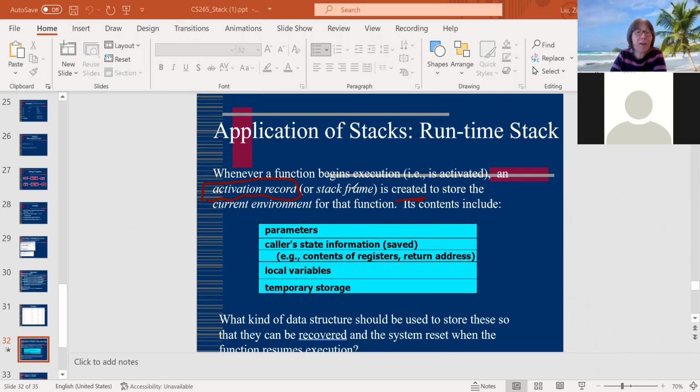Okay, and that activation record is going to be used to store the method parameters, called state, and local variables and the temporary storage of those information. It's going to store them because otherwise there's no way to put it back. So this is called a runtime stack.